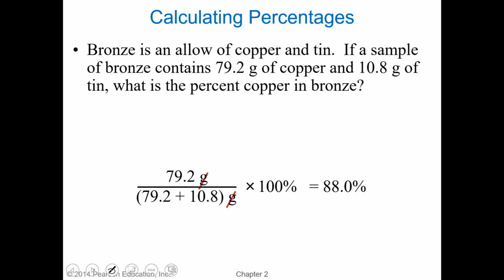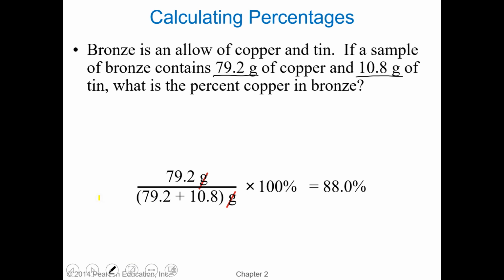If we have some sample or some amount of bronze, we find it to contain 79.2 grams of copper and 10.8 grams of tin. So the question is, what is the percent of copper in the bronze?